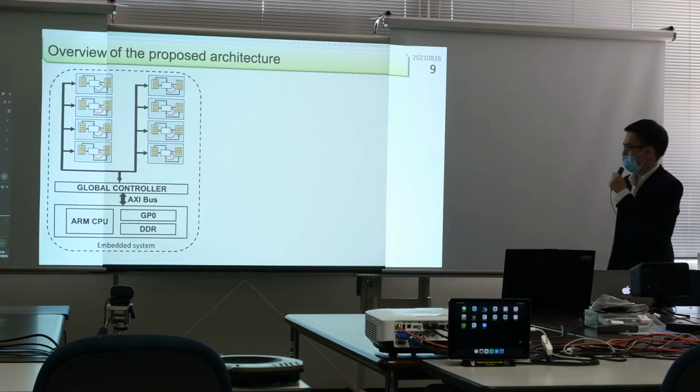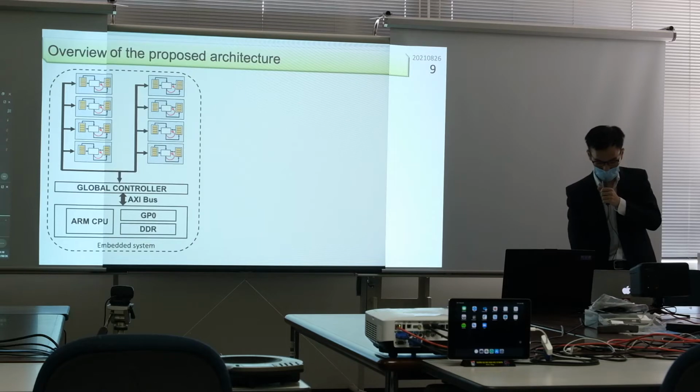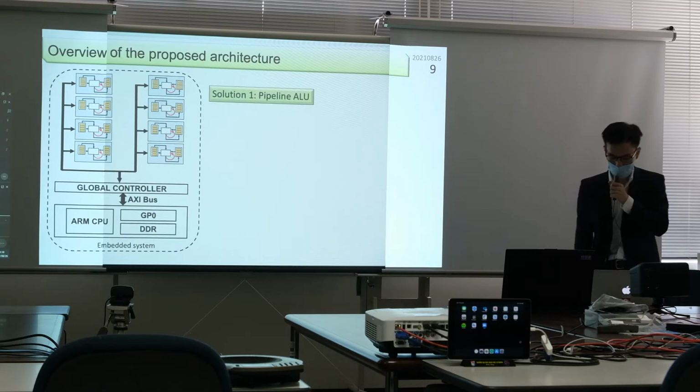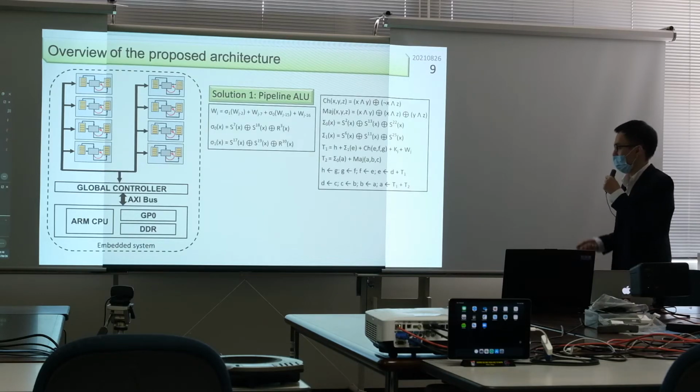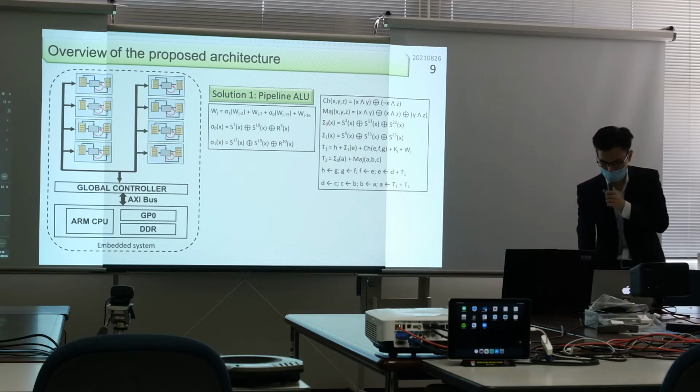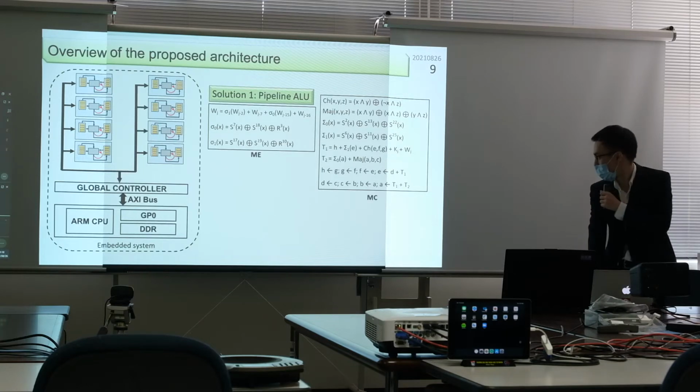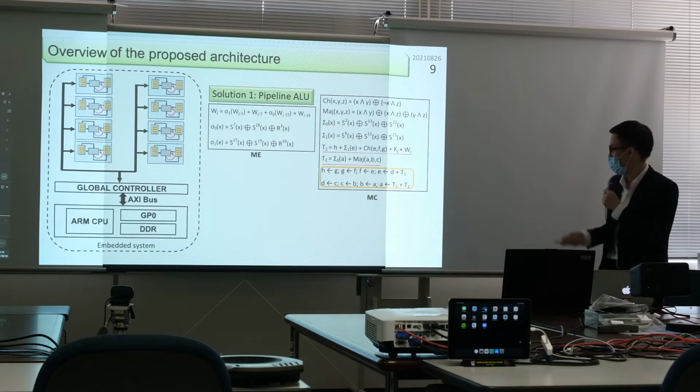And this is the overview of our architecture. The first solution is the pipelined RU. Let's look at the algorithm. The final target is the hash value, and we need to calculate T1 and T2.